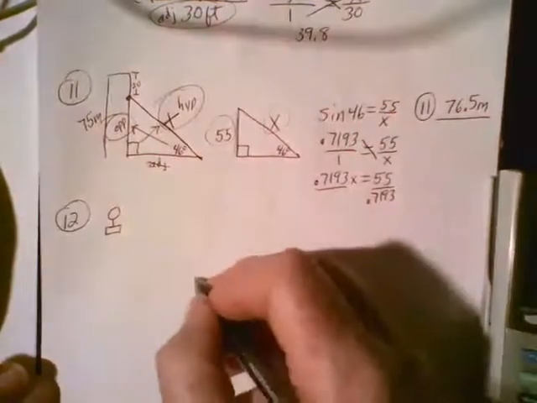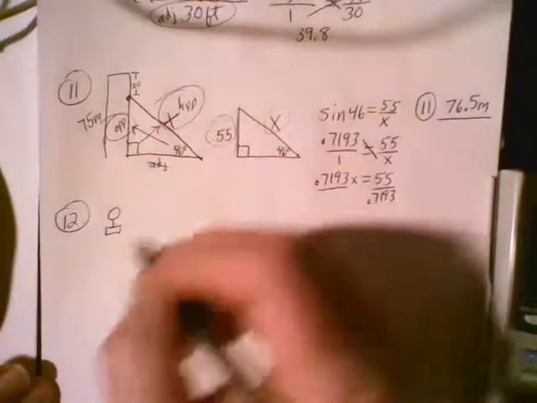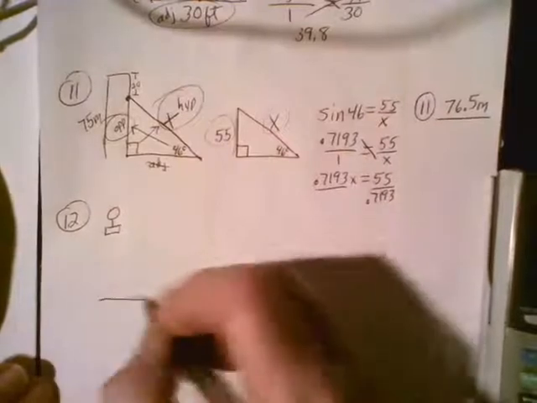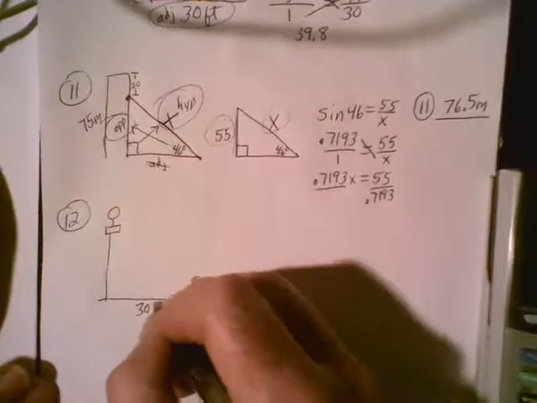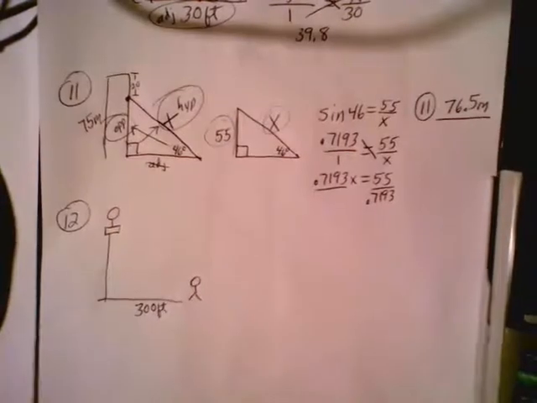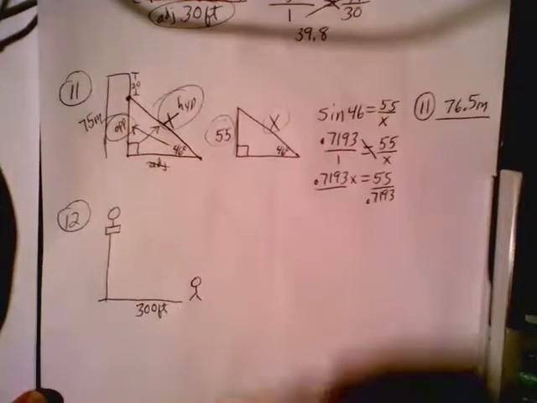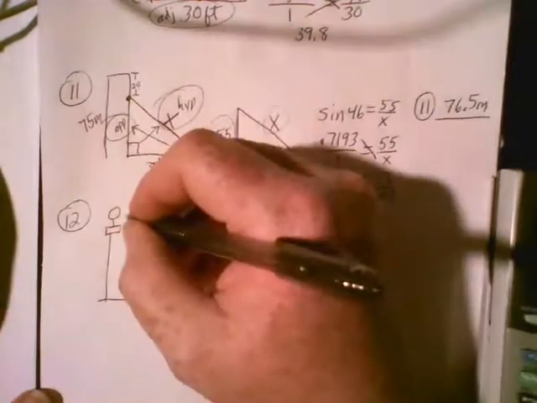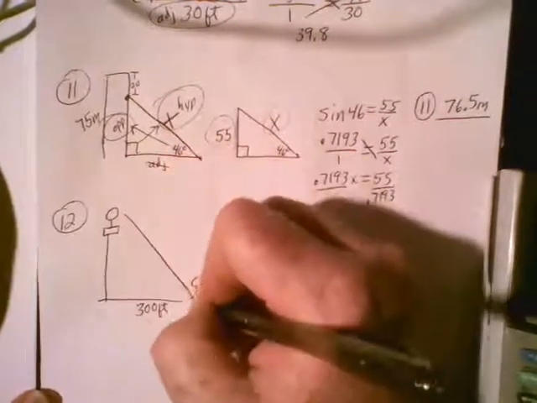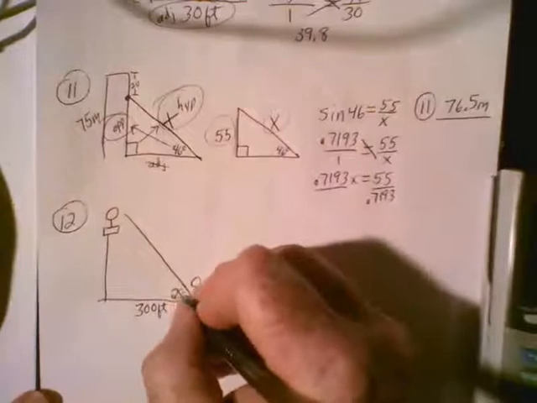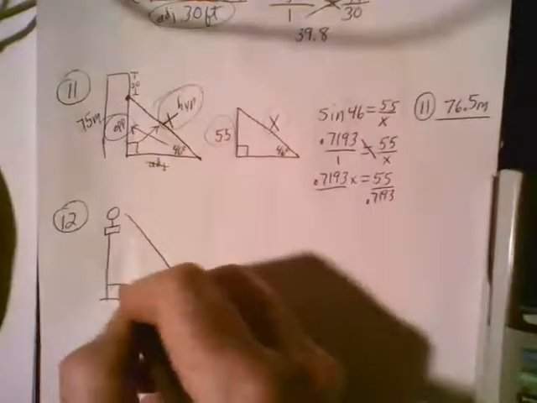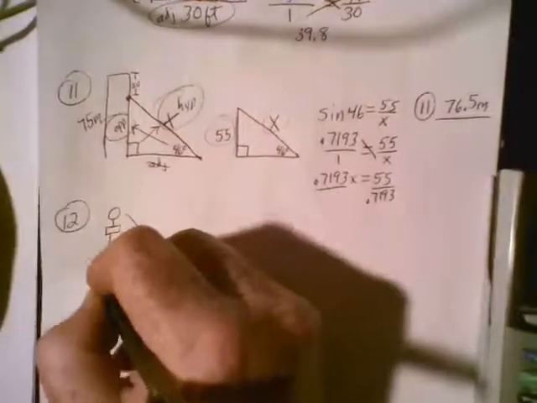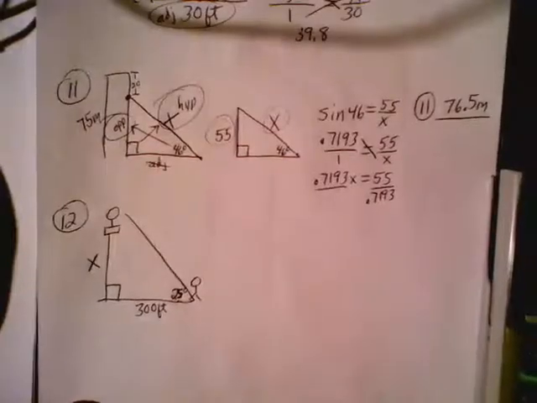This person down here is looking at it. They're 300 feet from the launch pad, which is right here. And it says the angle of elevation is 25 degrees. So we're probably going to be figuring out how high up the balloon is.